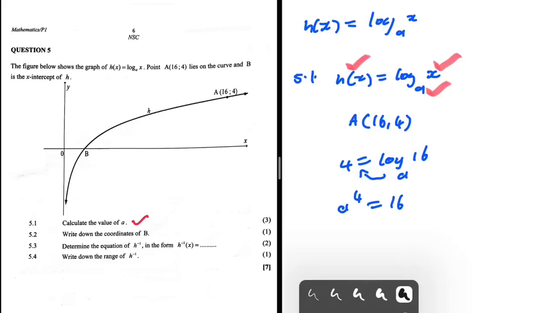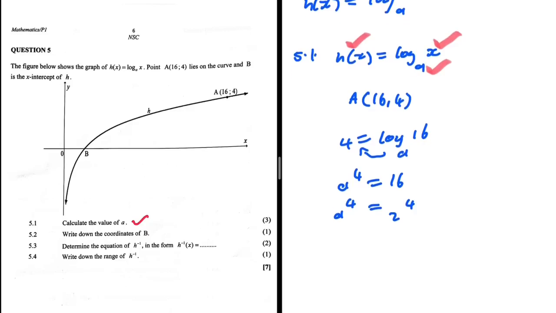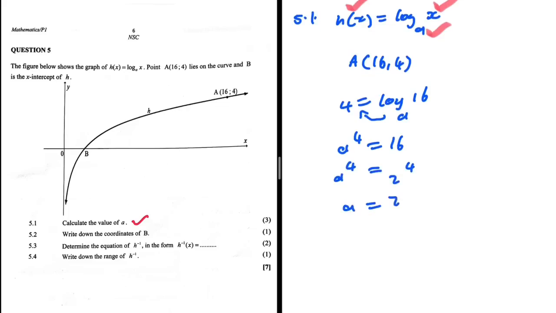How can we possibly do that? a to the power 4 is equal to 2 to the power 4. 2 by 2 is 4, 2 by 2 is 4, and 4 by 4 is 16. So that is okay. No wrongdoing there. So when we drop the exponents, we end up with a being equal to 2. So there we go. That is our answer.